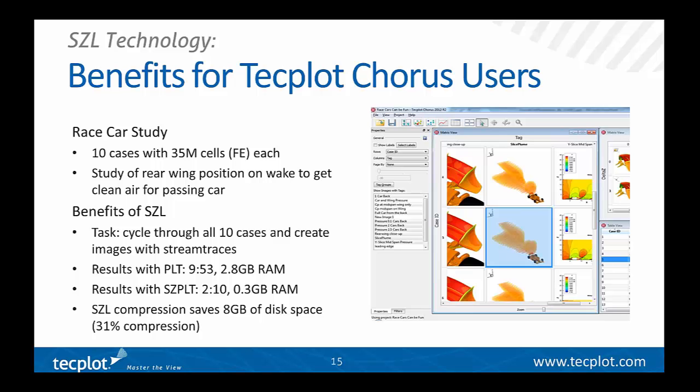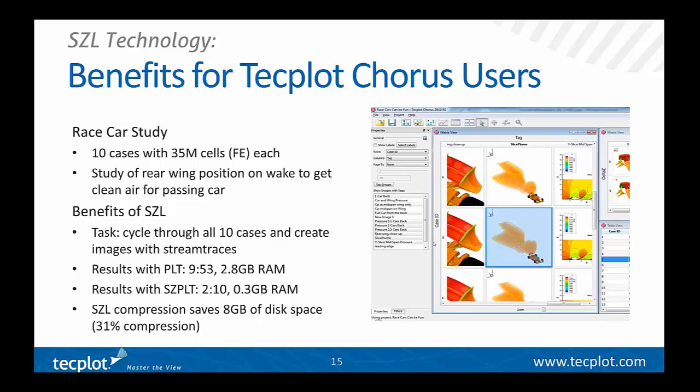These are 10 cases in this particular example. There are 3 parameters: X position, Z position, and an angle for the rear wing, and they span the space with 10 cases, 35 million cells each. That gives you an idea of the size of it. The goal is to go through all of those 10 cases and create images with stream traces.